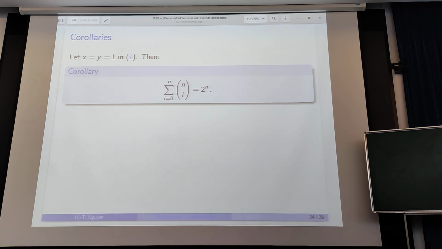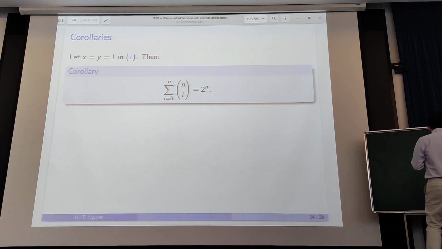If we consider a set of n elements, then the right hand side counts the number of subsets. Okay? And here on the left hand side, it is also the number of subsets, but counted in a different way. Which way? In fact, each term here, n choose i, is the number of subsets of size i.